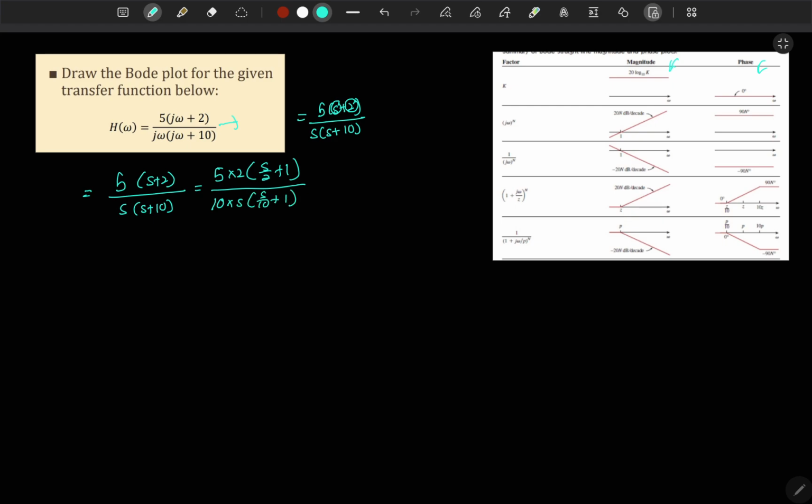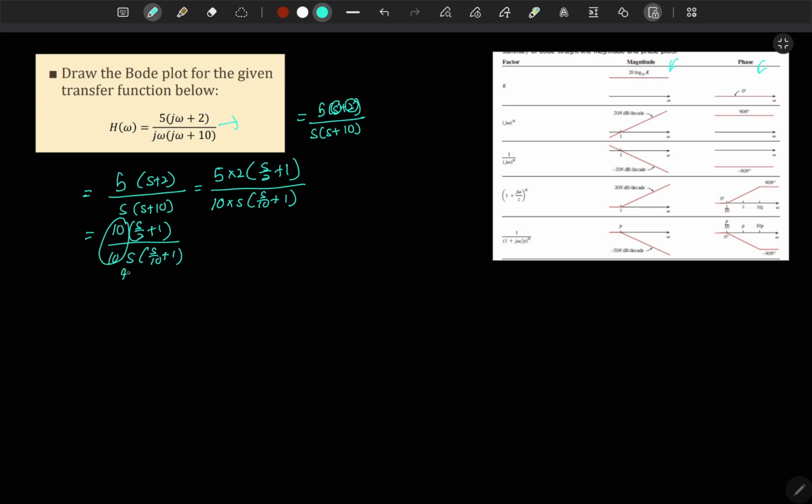So the stuff that's outside of the s does not need to be bothered. Now if you simplify this, you will get 10 times s over 2 plus 1 by 10 times s over 10 plus 1. So any numeric that's outside of the s, and also this s, you need to make sure it's singular, not related to any numeric.